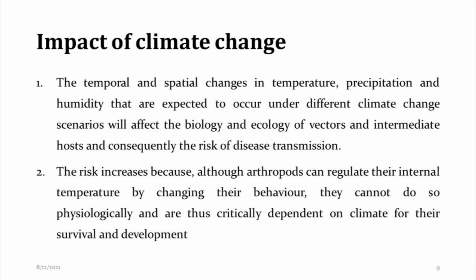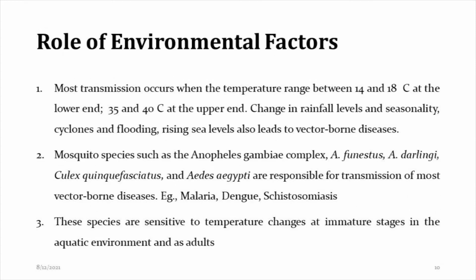Arthropods depend on the climate to regulate their internal temperature for their survival and development. Hence, when there is a change in the climate, the risk of transmission increases. The role of environmental factors on vector-borne diseases: most of the transmission occurs when the temperature range is between 14 and 18 degrees Celsius at the lower end and 35 to 40 degrees Celsius at the upper end.